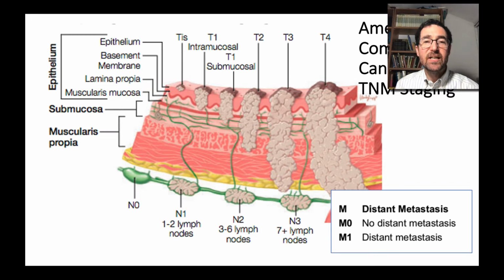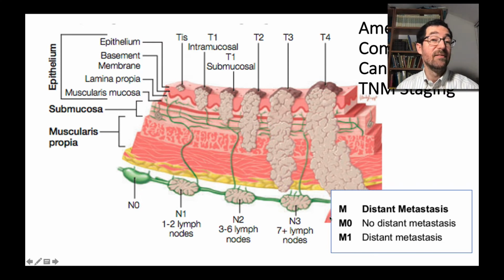In terms of staging, the standard system is the AJCC, which splits into TNM. So here this T staging goes from T1 to T4. T1 is what it invades up to the submucosa. T2 invades into the muscularis propria, T3 into the adventitia, and T4 into adjacent structures.